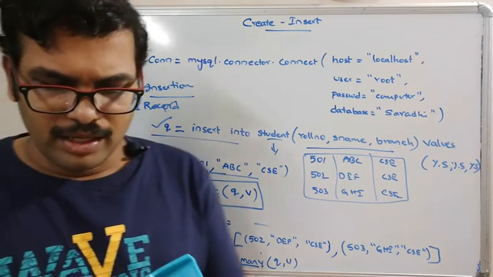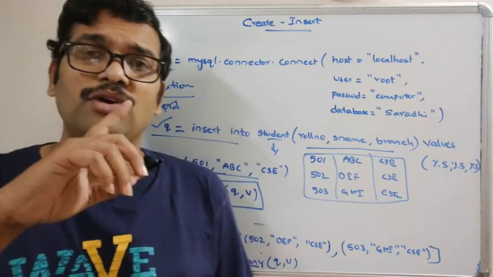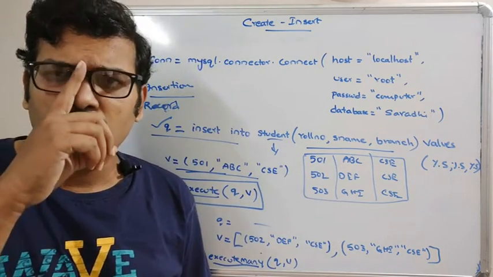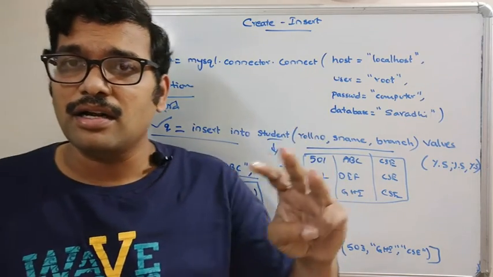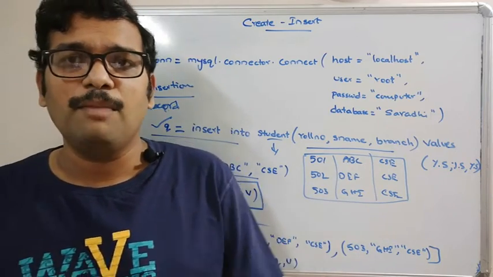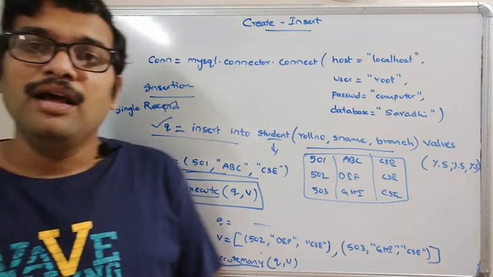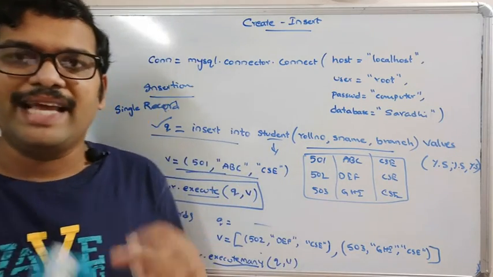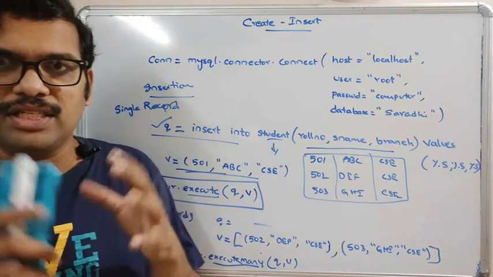So hope you understood this one. Whatever query we are writing, we need to follow the 4 steps. First, import the SQL connector module. Second, establish the connection by using the connect method. Third, create the cursor object, because all the MySQL queries should be executed with the help of a cursor object. Then execute the query by using the execute method. These things are common.